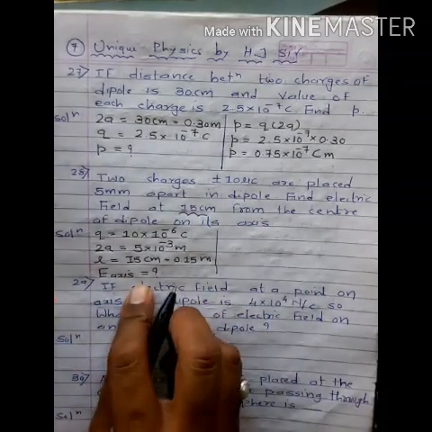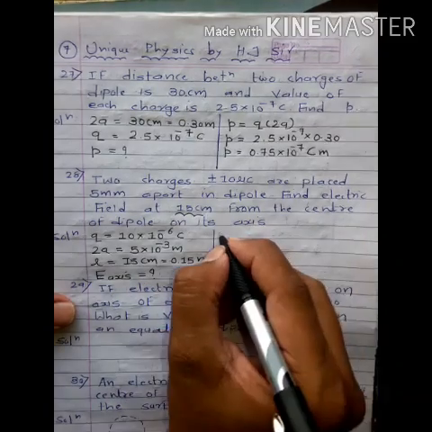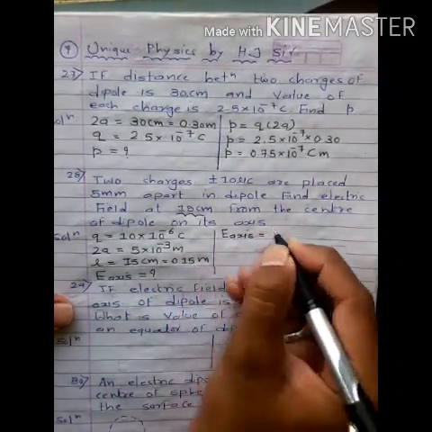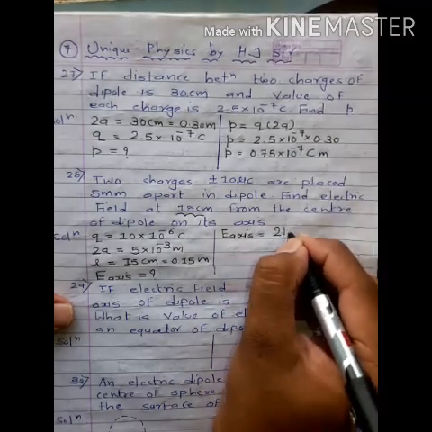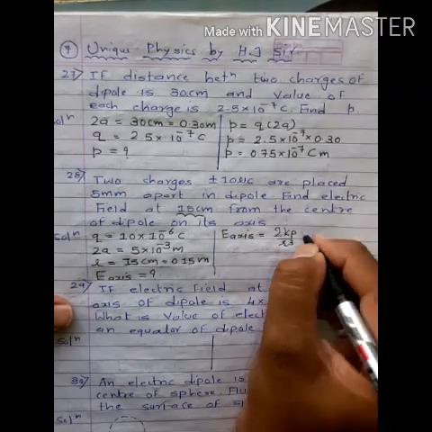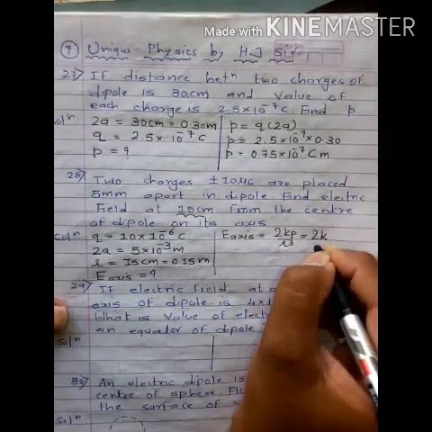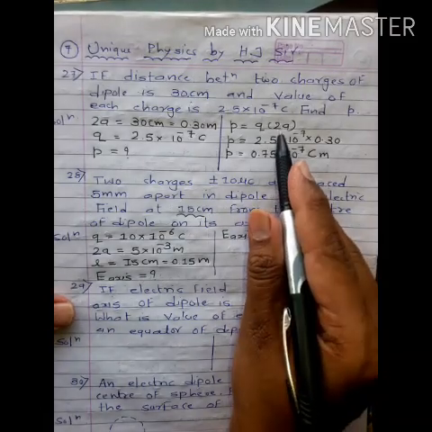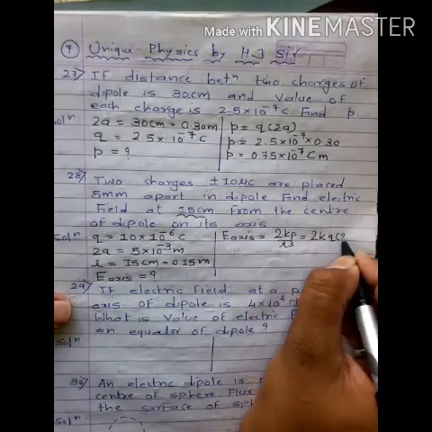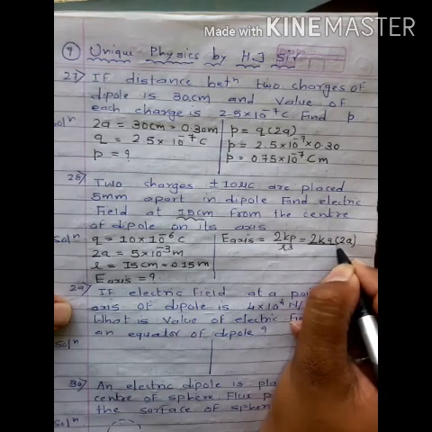Here we want the electric field on the axis of dipole. We have a standard equation to find the electric field on the axis of a dipole, given by E axis is equal to 2kp upon r cube. Now here 2 is a constant, k is the Coulomb constant, p means dipole moment. We have the equation of dipole moment, q into 2a, divided by r cube.